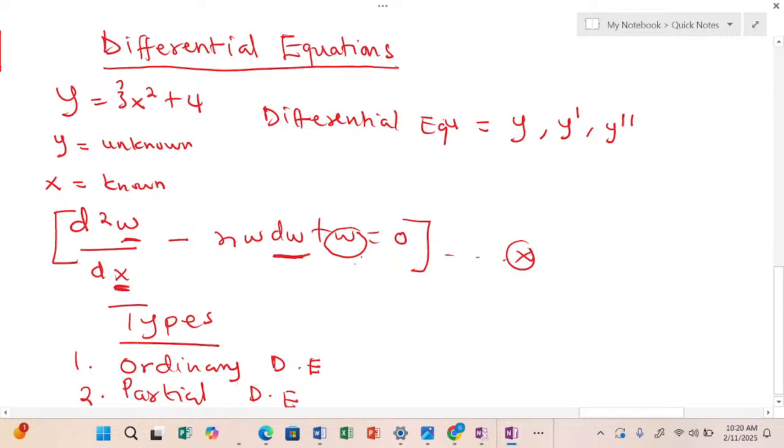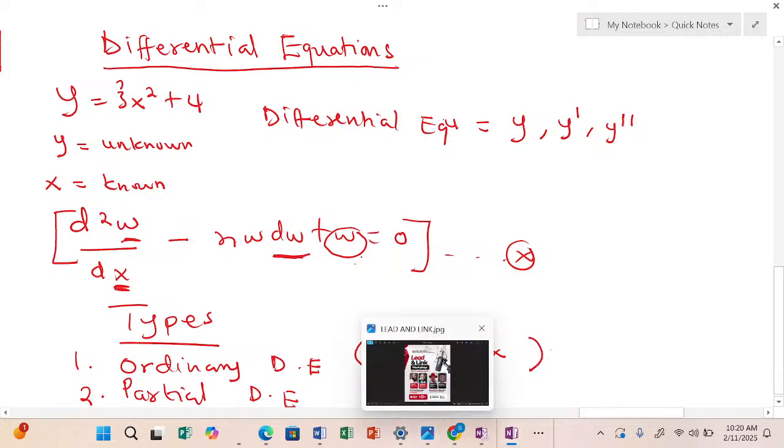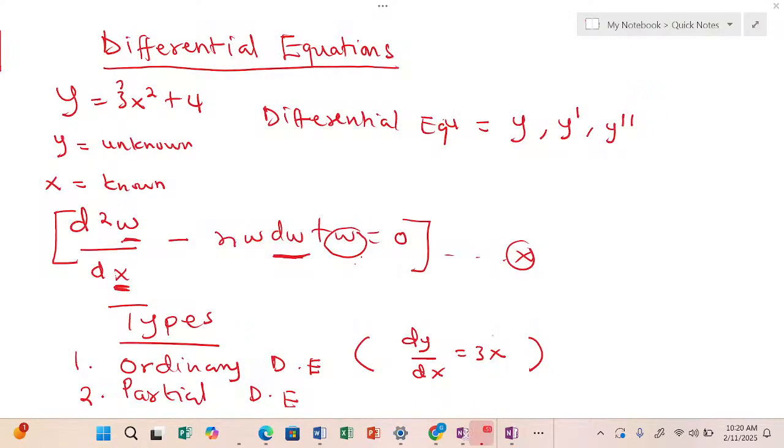The ordinary differential equation has a single independent variable. I've already explained what an independent variable is. Take this example, dy/dx is equal to 3x. This particular equation is an ordinary differential equation because we have only one known variable.